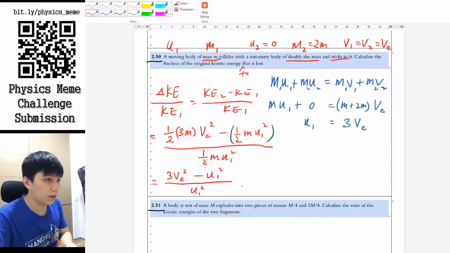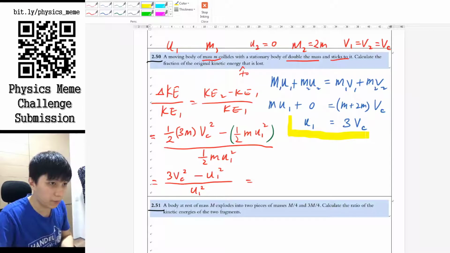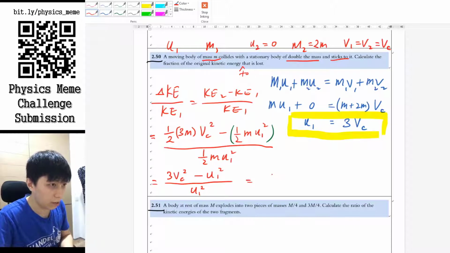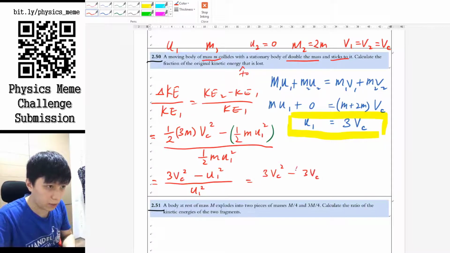Okay, and then this is a time where you apply the relationship that you can find from conservation of momentum. So probably I will just substitute U1 as 3 Vc. So 3 Vc squared minus, this is square, so that will be 3 Vc bracket square, so it will become 9 Vc.